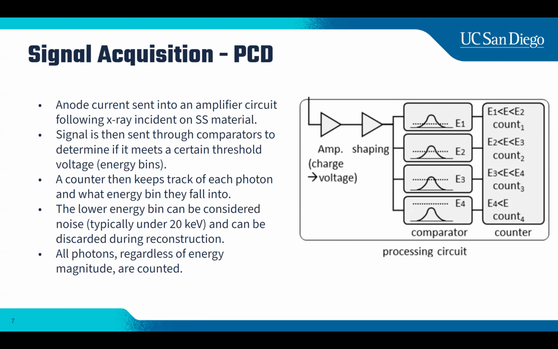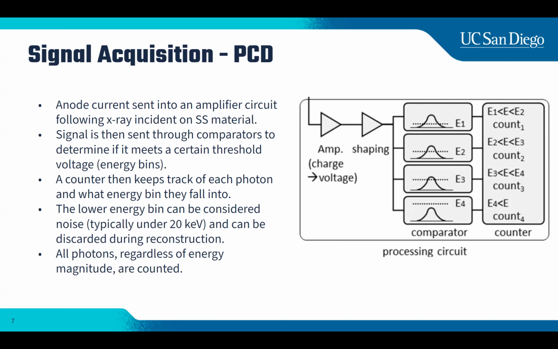And then that eventually goes off to comparator circuits. The comparator circuits look to see what energy level each photon is at, because the process of photon counting also uses energy bins. It places different photon energies under different sections in order to reduce a very low level energy bin, which is typically noise.